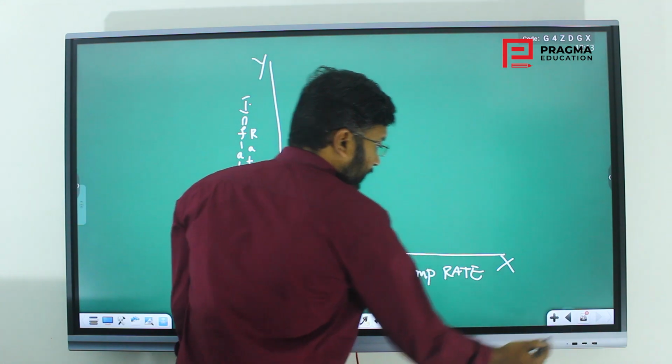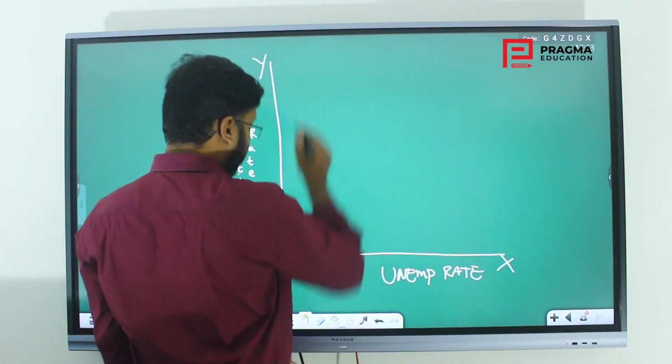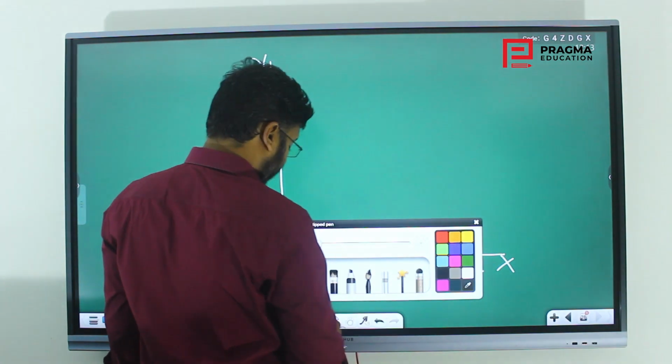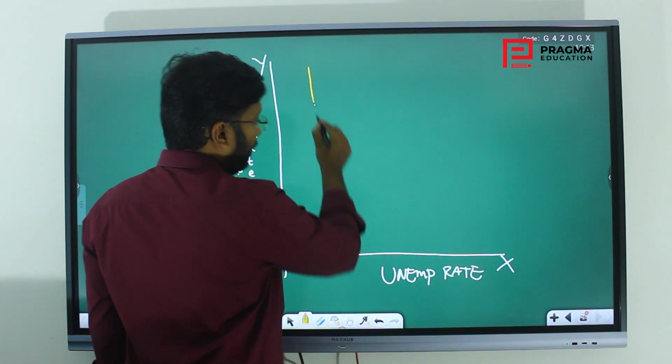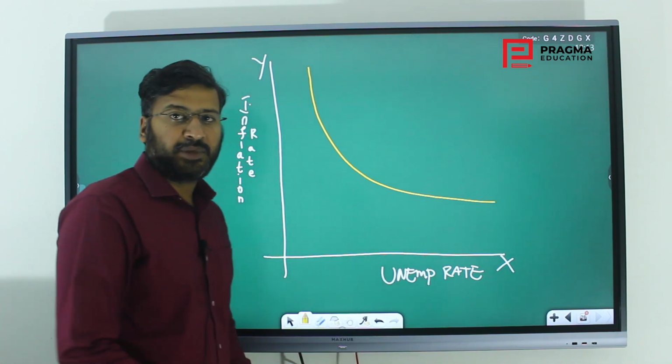When we say that this inverse relation holds true for the short term, it is depicted like this. If there are maths or engineering students, they can correlate. This is the basic inverse relation curve.